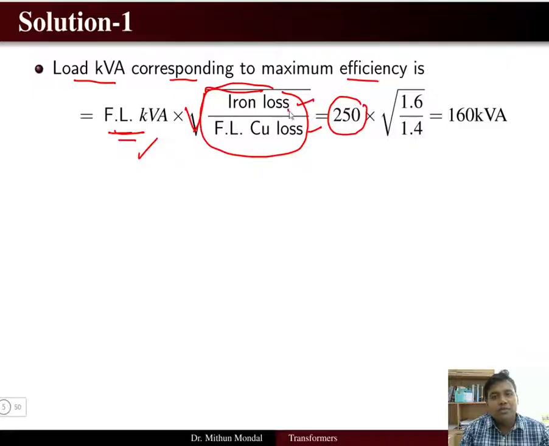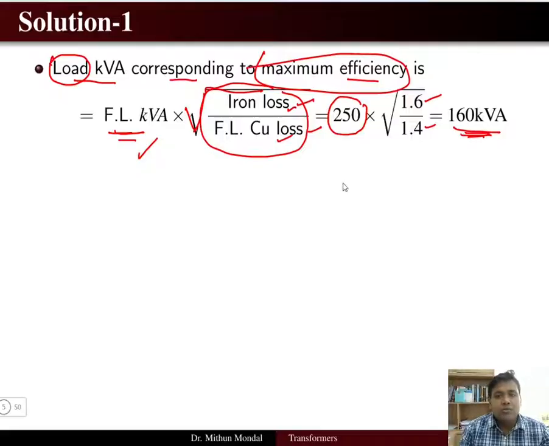Iron loss is given to us and full load copper loss is given to us. So 1.6 kilowatt is the iron loss and 1.4 kilowatt is the copper loss under the full load condition. So we get 160 kVA. It means that the load is 160 kVA under the condition that the efficiency is maximum for a transformer whose rating is 250 kVA.